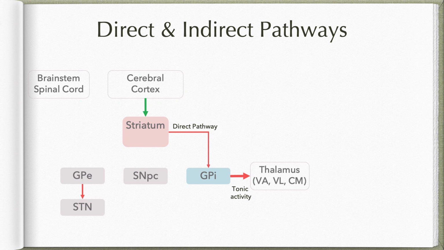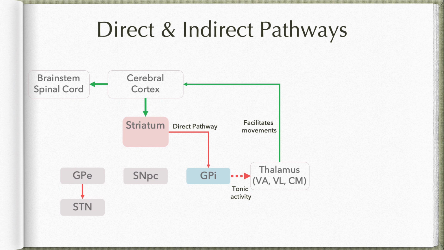Once the globus pallidus internum is inhibited by these direct pathway fibers, it will disinhibit the thalamus. Then the thalamus will send excitatory fibers to the cerebral cortex that will facilitate any wanted movements, which is the basic intention of the cerebral cortex. The cerebral cortex will then send information to the brainstem or spinal cord through corticospinal or corticonuclear fibers.